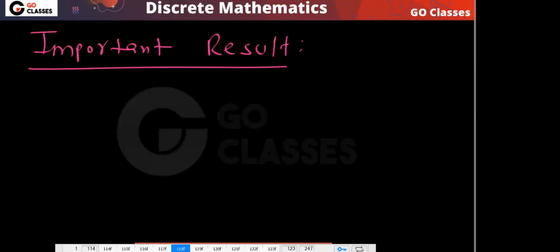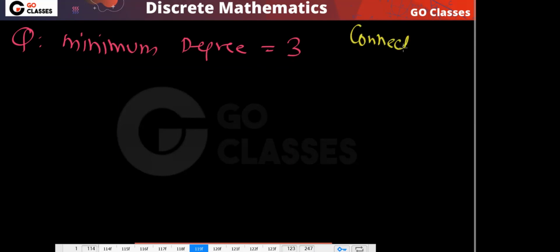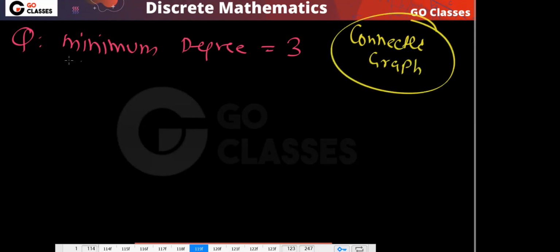This is saying that, let's assume your minimum degree is 3. You have a connected graph, and in this connected graph the minimum degree is 3.